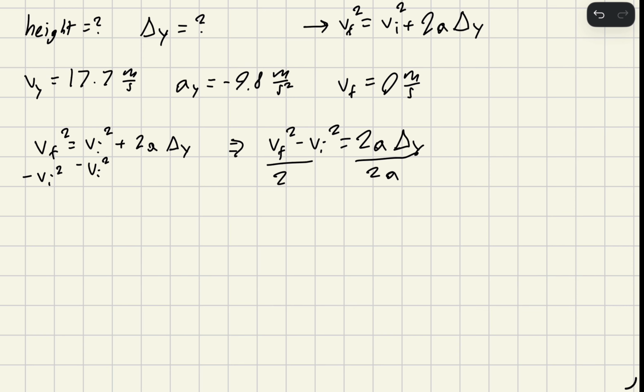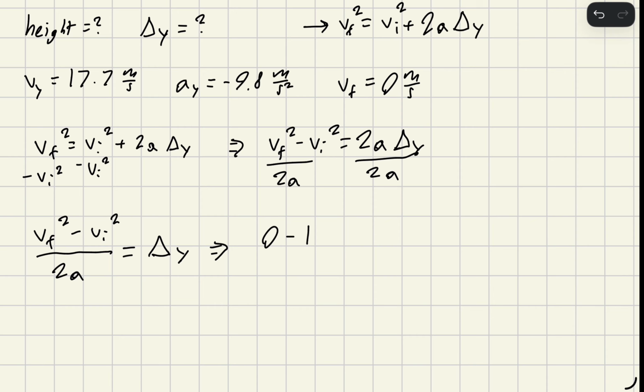And then I'm just going to divide both sides by 2a. So our answer is final velocity squared minus initial velocity squared over 2a equals delta y. Now we can plug in our variables.